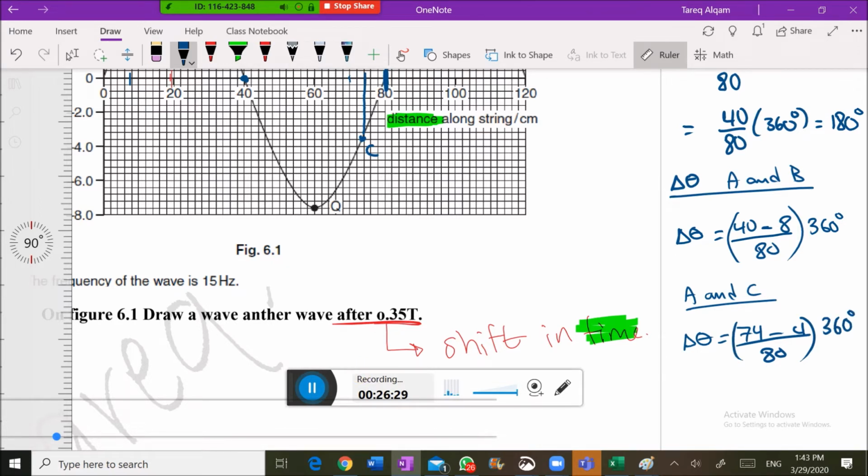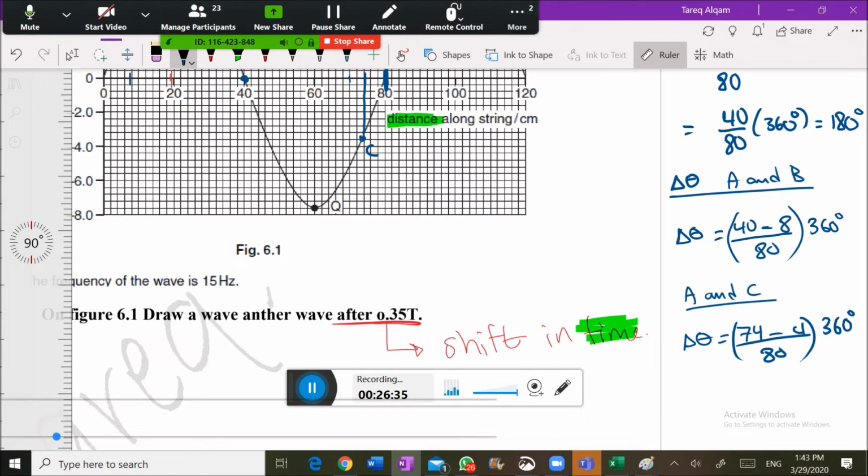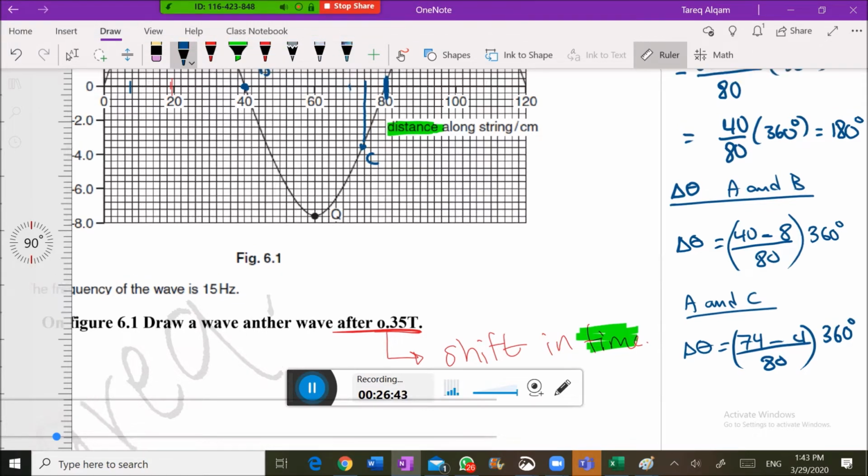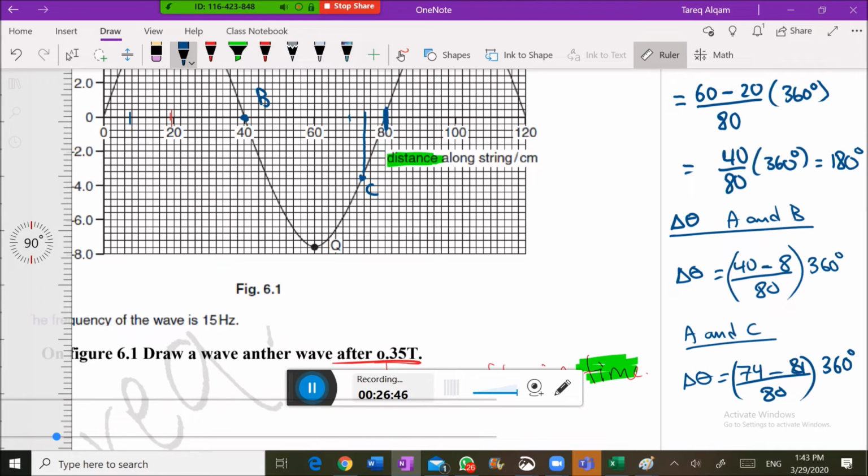In this way, guys, we can find the phase difference between any 2 points. Minus 8, not minus 4. Sorry, 74 minus 8, divided by 80 times 360.